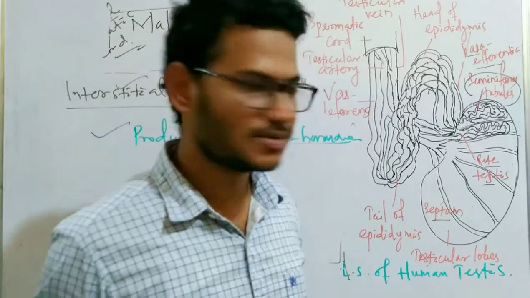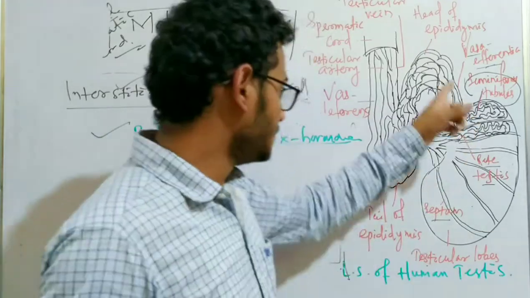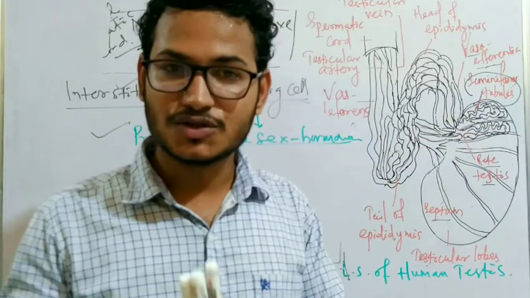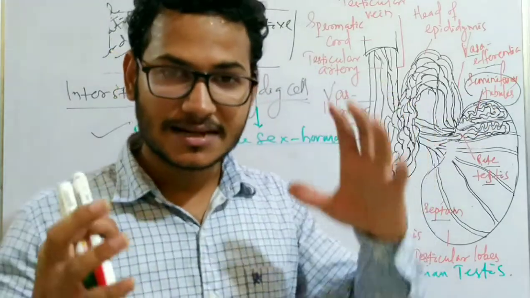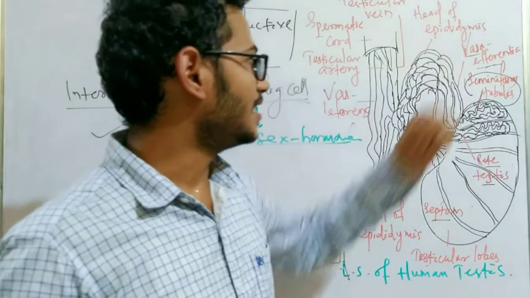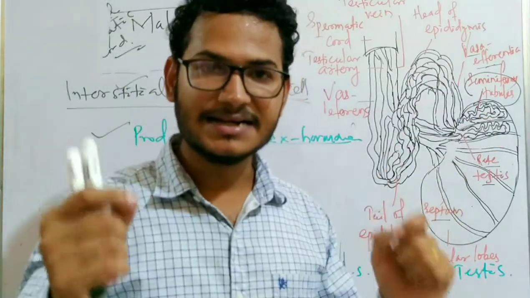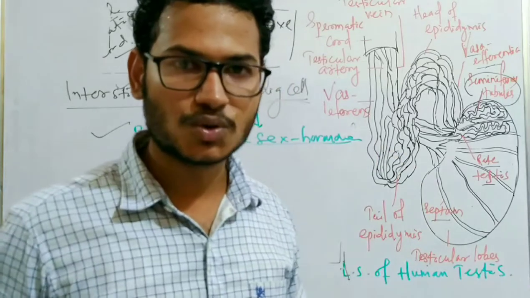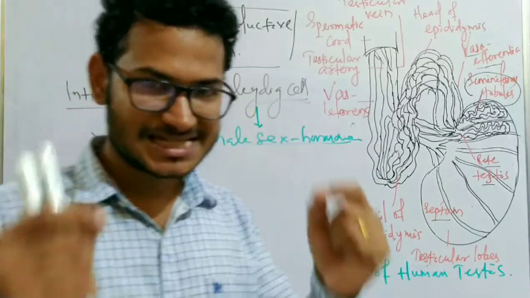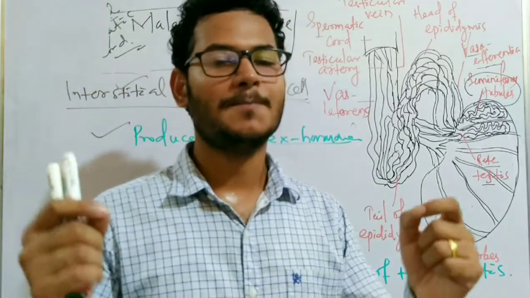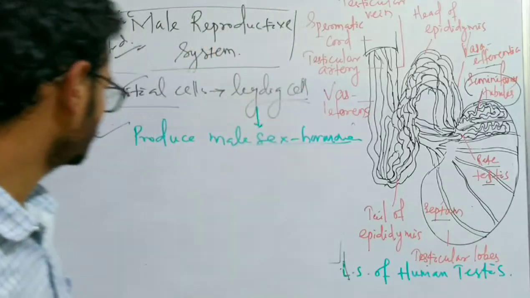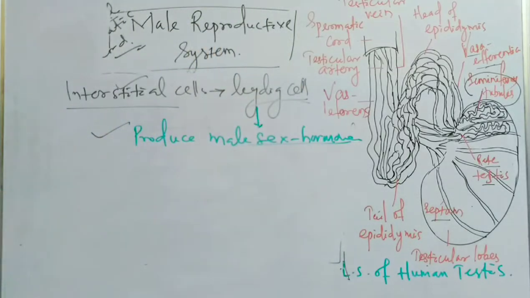So the manufacturing unit is the seminiferous tubule. The seminiferous tubules unite to form rete testis. Rete testis unite to form vasa efferentia. Between the seminiferous tubules, there are interstitial cells known as the Leydig cells, which help in the secretion of the male sex hormone. Okay, so they produce the male sex hormones.